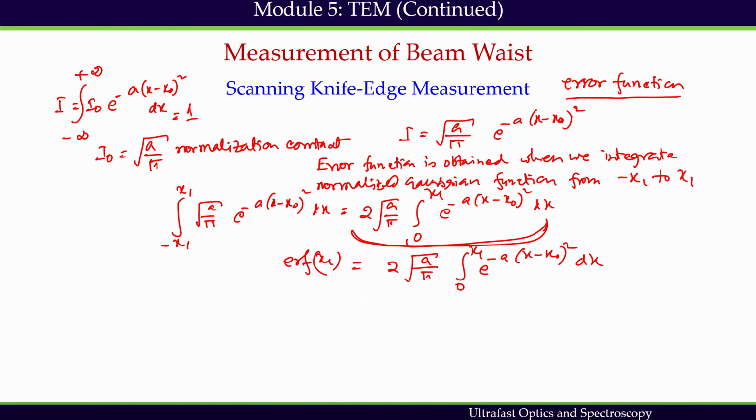And if this is the error function, then I can write this integral 0 to x1 e to the power minus a (x minus x naught) whole square dx as nothing but half square root of pi by a times error function of x1.